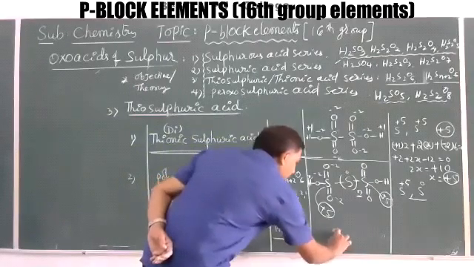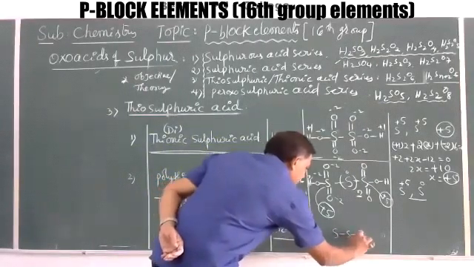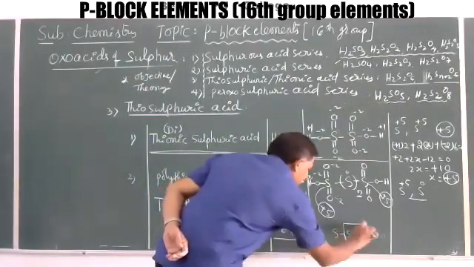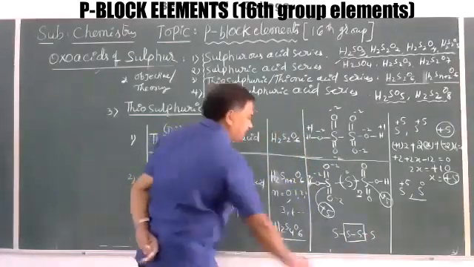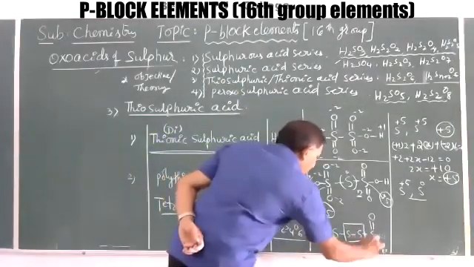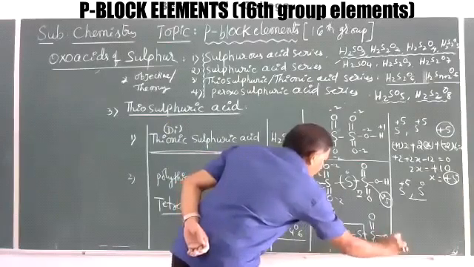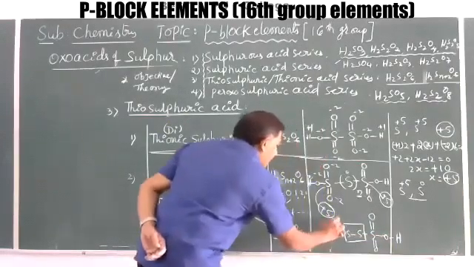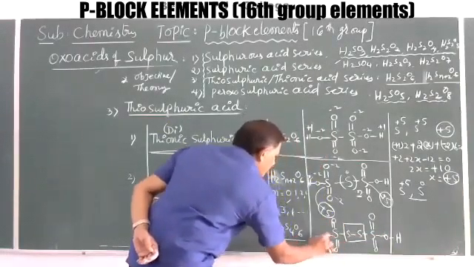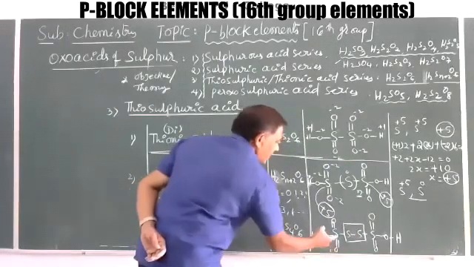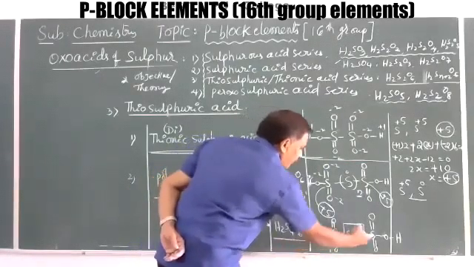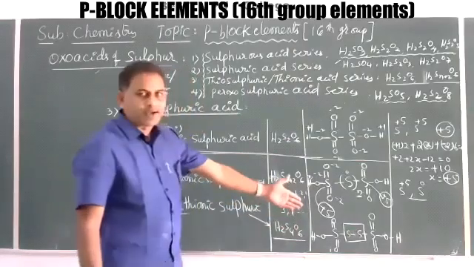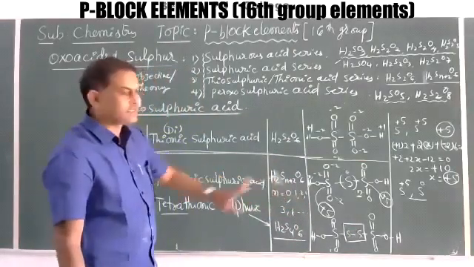For its structure, between S and S there is a thio linkage, double bond O, bond OH, and again double bond O, bond OH. Sulfur atoms 1, 2, 3, 4 are there. They are tetrathionic sulfuric acids.